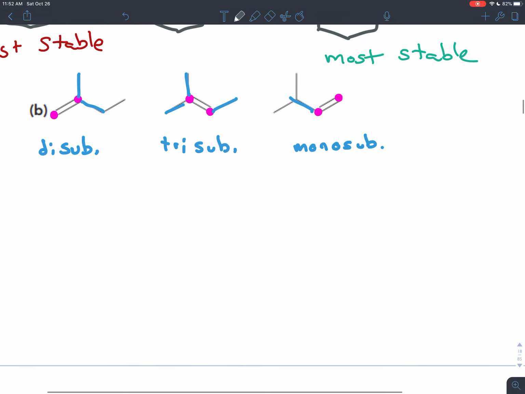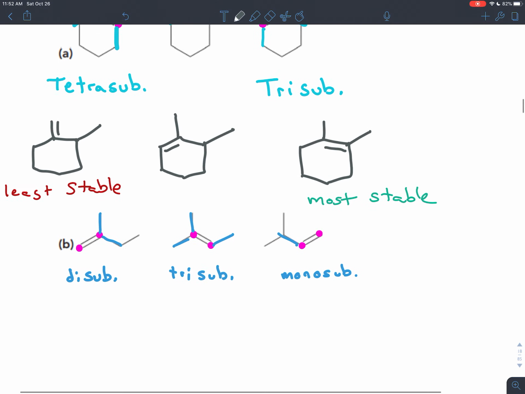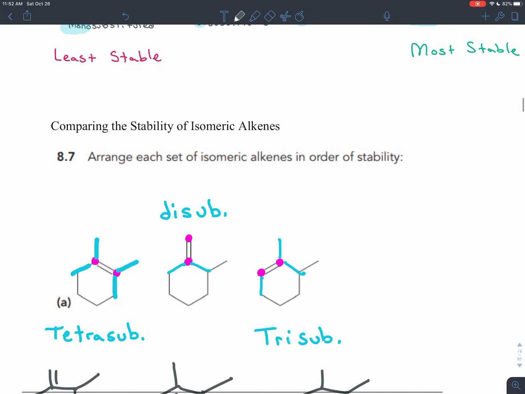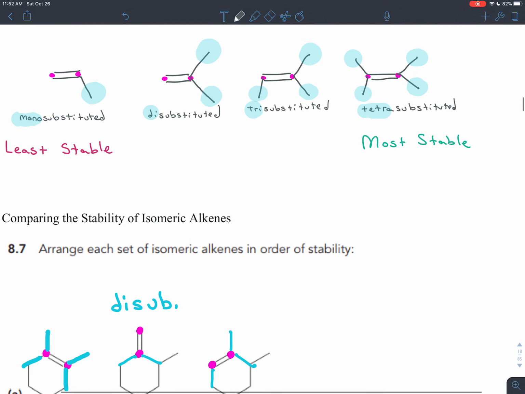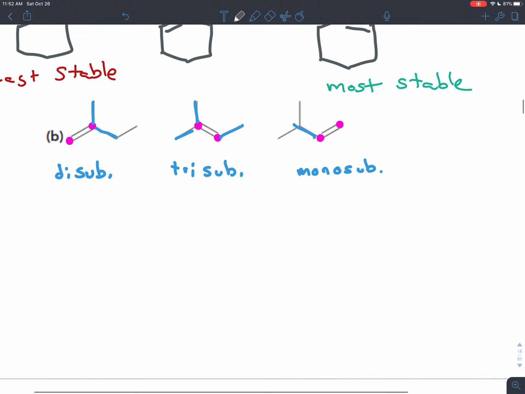So the least stable is the one that has the fewest substitutions, the fewest carbon branches coming off of it, because in that case the electrons in the pi bond won't be able to leak out as much. And so in that first molecule, this is our least stable.